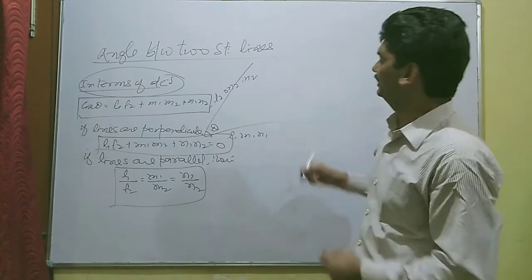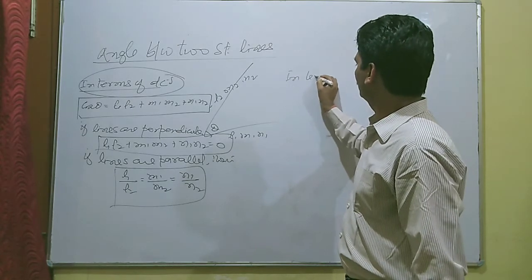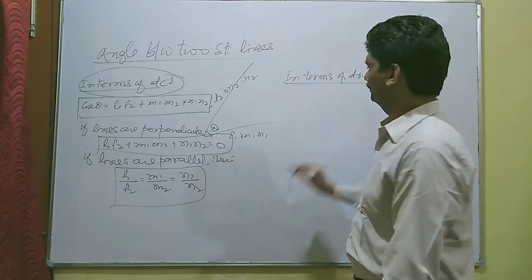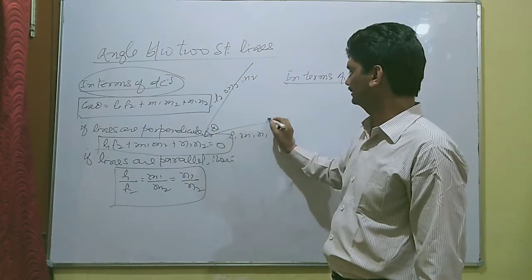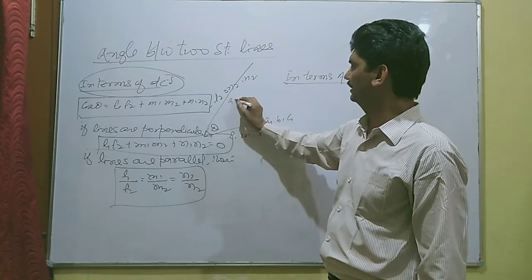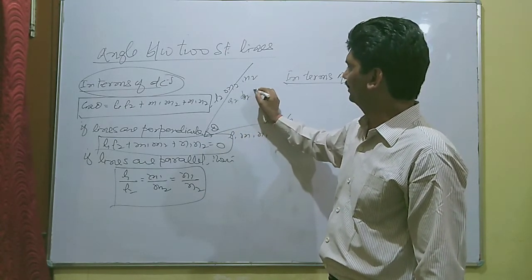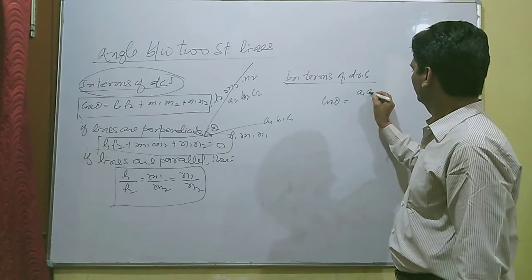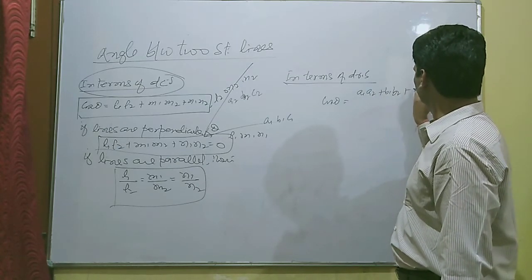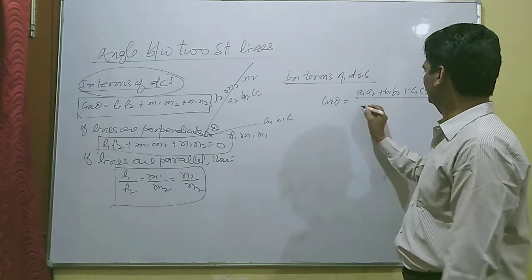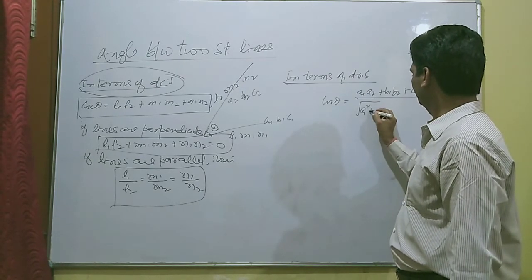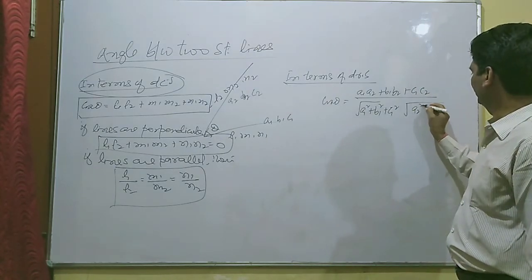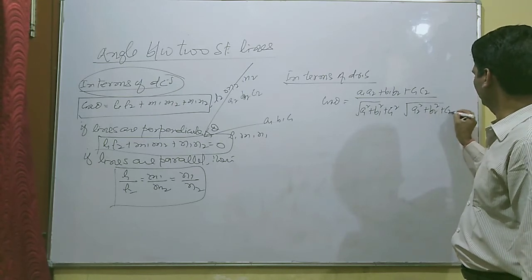So in terms of DRs, suppose the angle between two lines is theta and the DRs are a1, b1, c1 for one line, and a2, b2, c2 for the other. Then cos theta equals (a1 a2 plus b1 b2 plus c1 c2) upon under root (a1 square plus b1 square plus c1 square) into under root (a2 square plus b2 square plus c2 square).